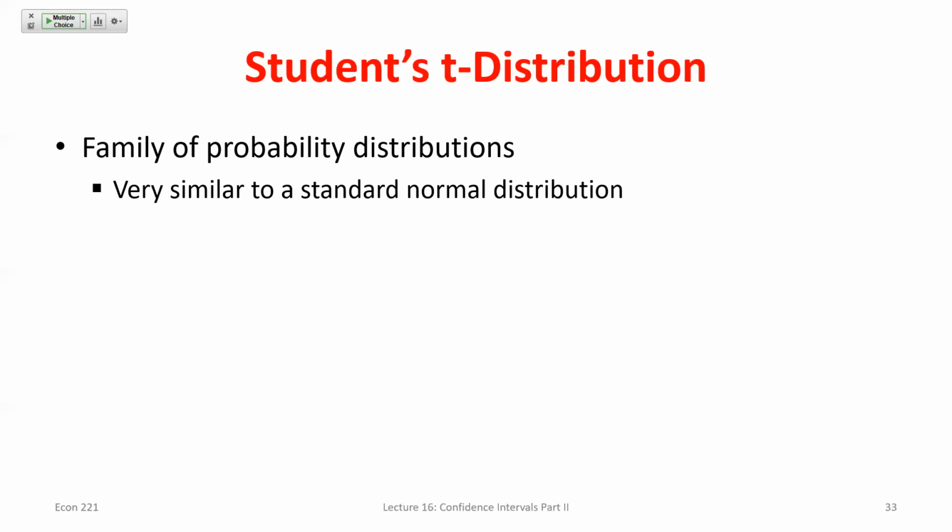So the problem comes up if I'm using, say, the z value that gave me 0.025 in that left tail.